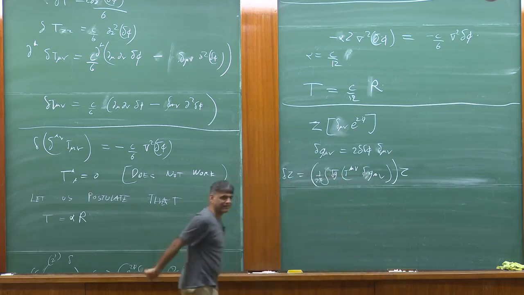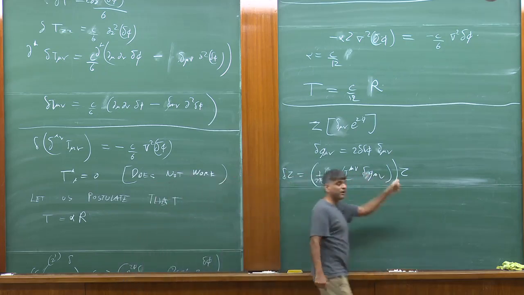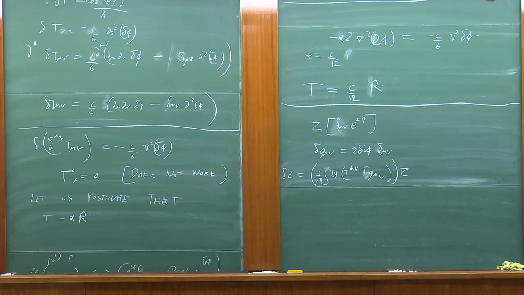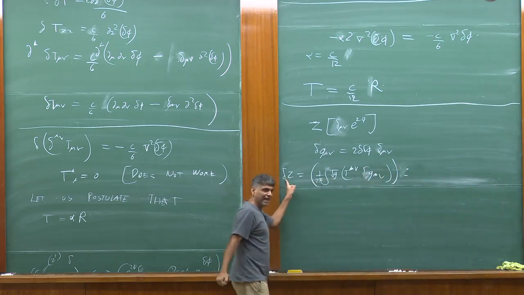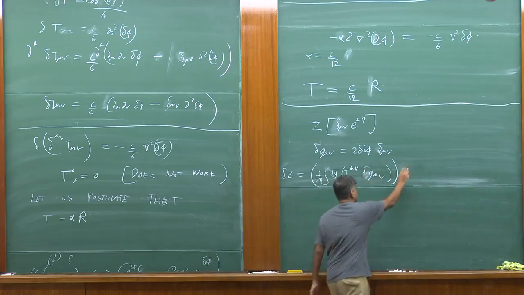I'm writing this times Z because we usually talk about operator expectation values normalized by Z. We normally call the expectation value of 1 Z, but when we have non-trivial operator expectations, we compute that thing and then divide by the expectation value of 1. We are interested in the variation of log Z. Fine, exactly. So let's put this Z down here, if you like, and that becomes the variation of log Z.